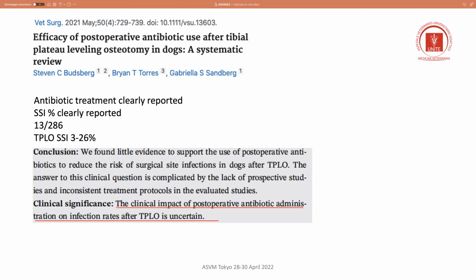Of the different papers reviewed, just 13 met the inclusion criteria, and basically the TPLO surgical site infection rate was between 3 and 26%. But in the end, the authors concluded that the clinical impact of postoperative antibiotic administration on infection rates after TPLO is still uncertain.